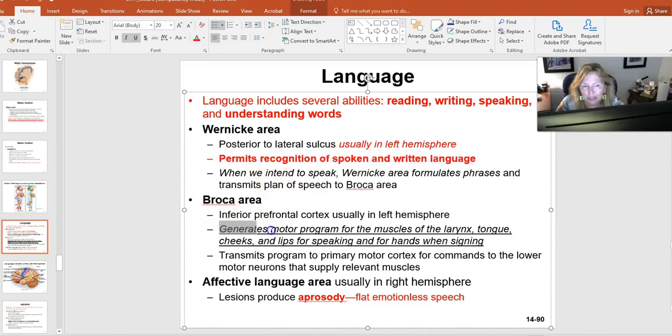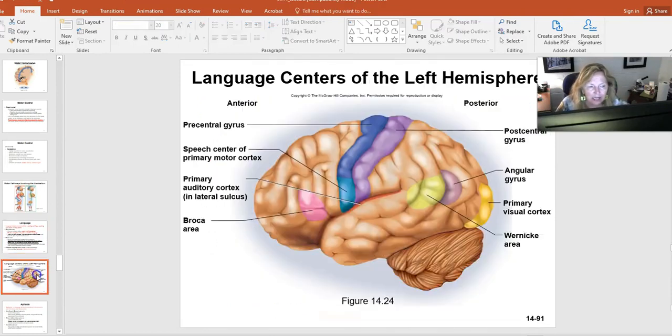Broca's area is the motor area, because that's in the frontal motor functions, meaning movement: the muscles of the larynx, tongue, cheeks, and speaking. Aprosodia is flat, emotionless, unemotional speech, and lesions here can cause that.